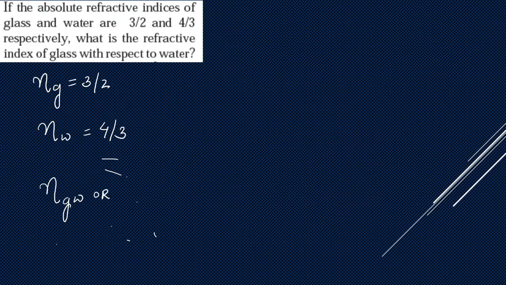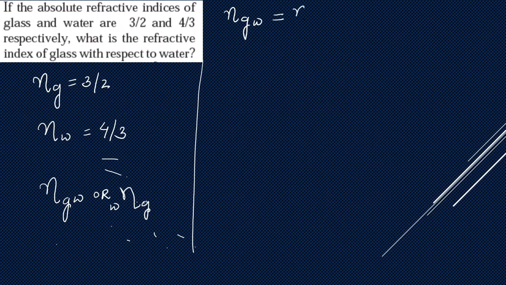So when only refractive indices are given, what do we do? The refractive index of glass with respect to water will be the absolute refractive index of glass upon the absolute refractive index of water. This is the formula when only refractive indices are given, right?